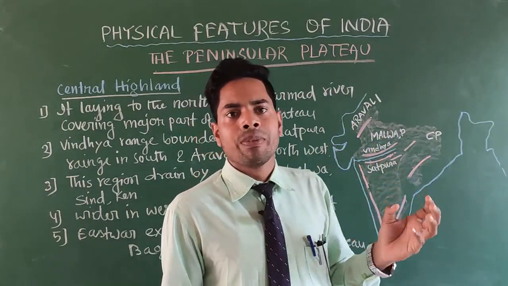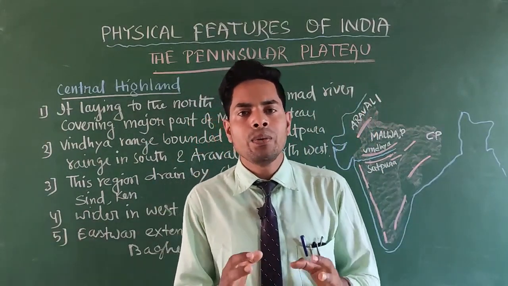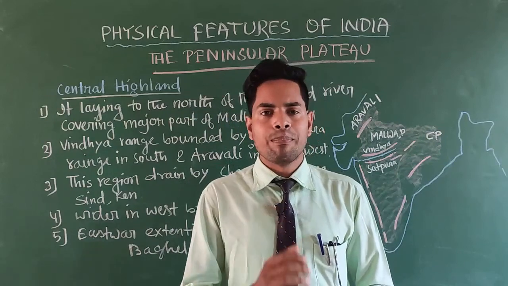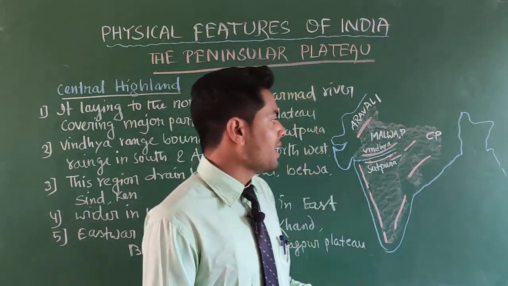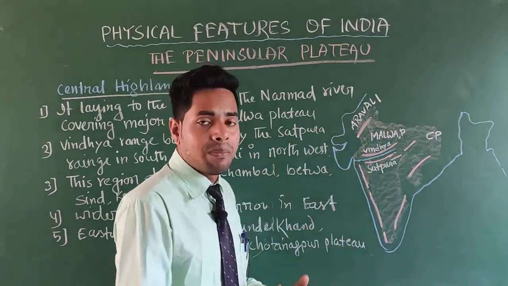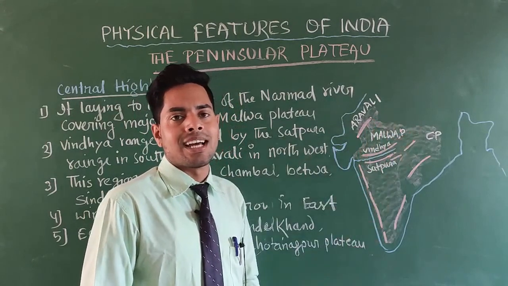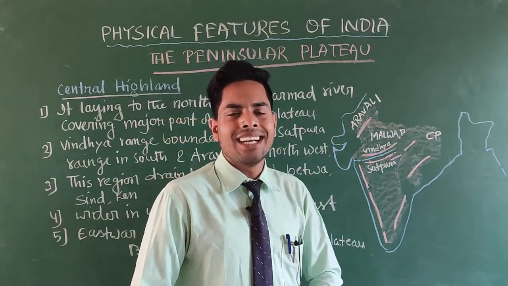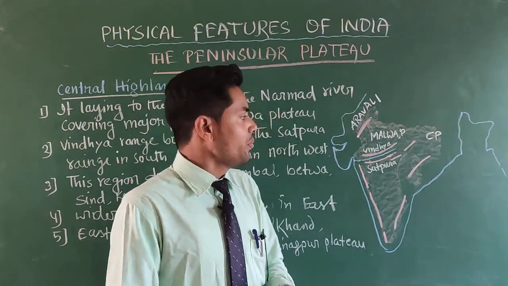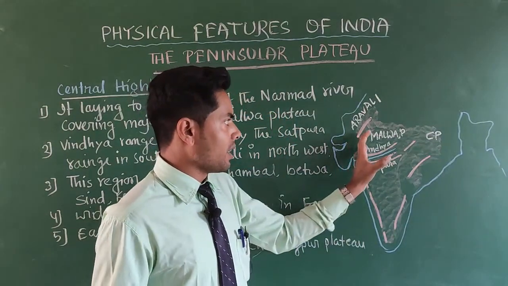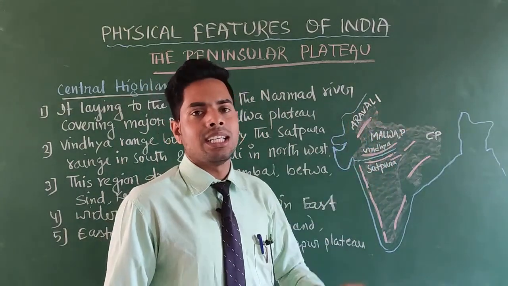This Central Highland is drained by a few rivers like Chambal, Sindh, Betwa, Ken. These rivers originate from the Malwa Plateau, flow in a northeast direction and fall into the Ganga river. So we can say that these rivers originate from the Central Highland and flow northeastward.